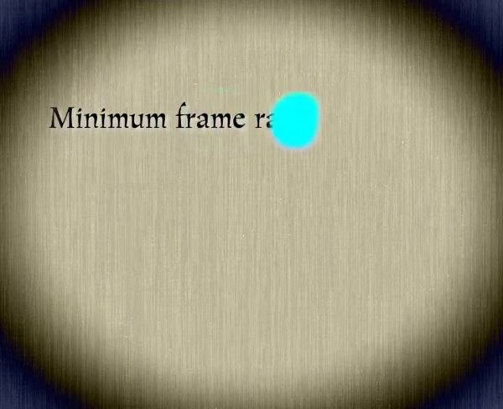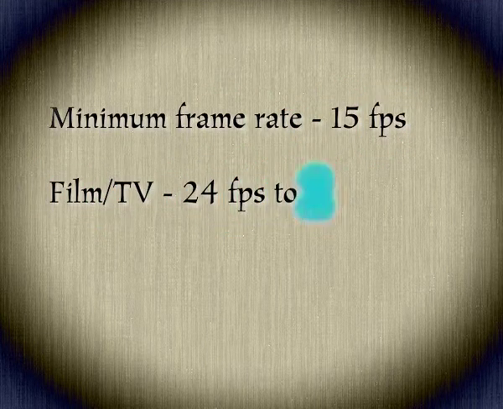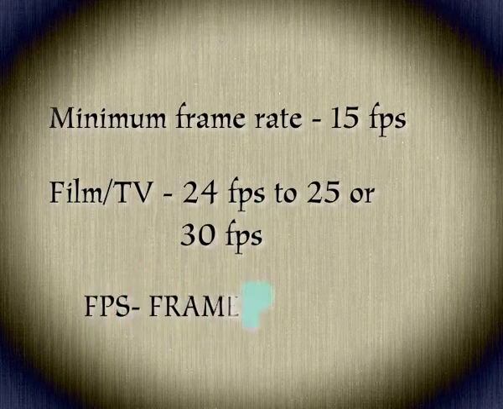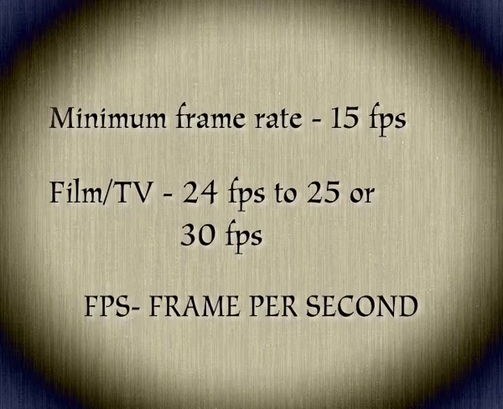So that was a brief history about how it all started. Basically, animation is produced by the rapid display of consecutive still images. Minimum frame rate for smooth transitions is about 15 frames per second. For film or TV, it's 24 frames per second to 25 or 30 frames per second. This is normal.